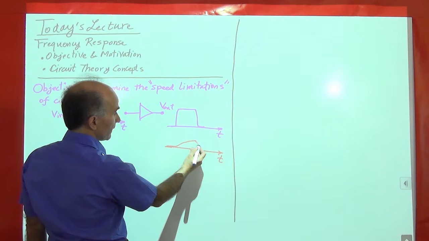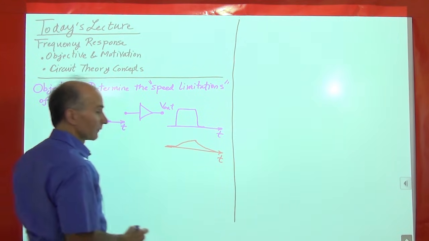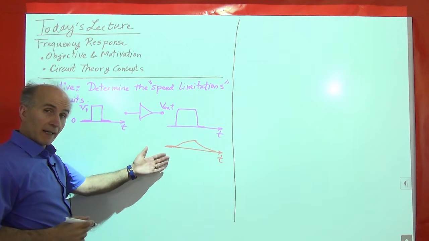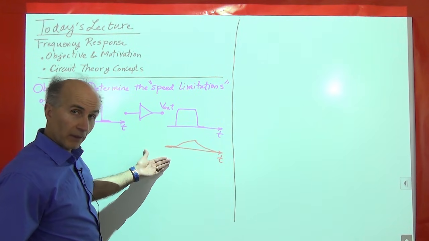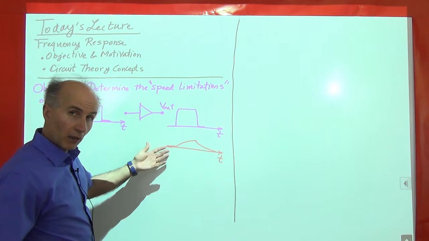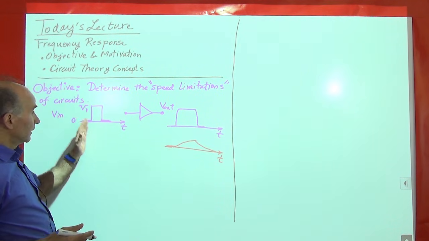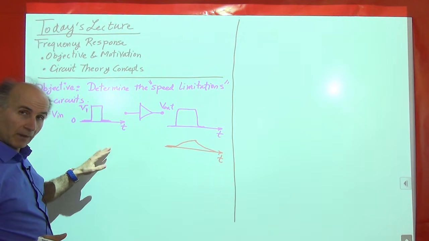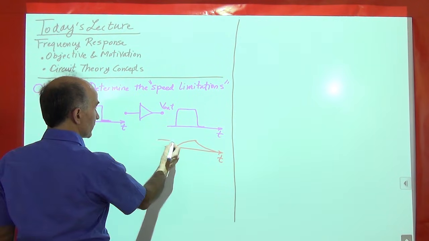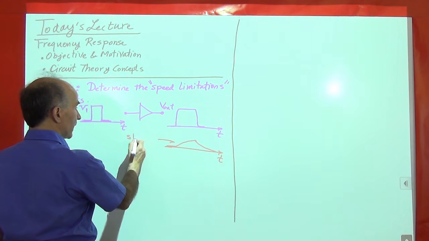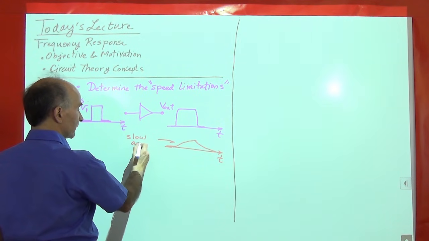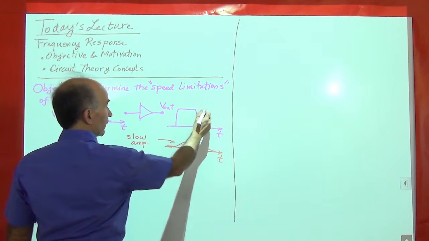So the output also has to go like this. Okay, so that would be an example of a slow amplifier. It is not capable of responding quickly to the changes that are happening at the input. So this is what you would call a slow amplifier. And this is what you would call a fast amplifier.